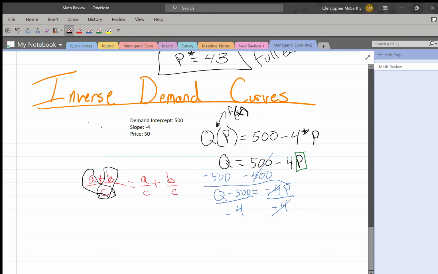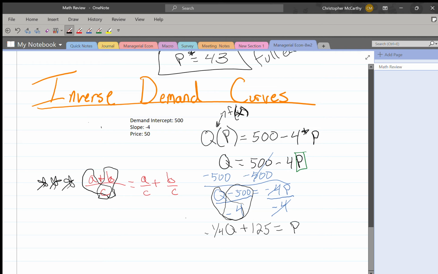But this is just a mathematical identity that we're going to need to know, okay? So for our circumstances here, we end up with negative 1/4 q, and then negative divided by a negative is a positive, right? What's 500 divided by 4? 125. So all of this equals p.